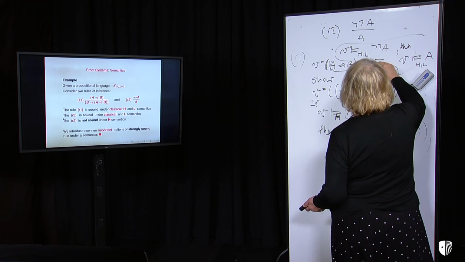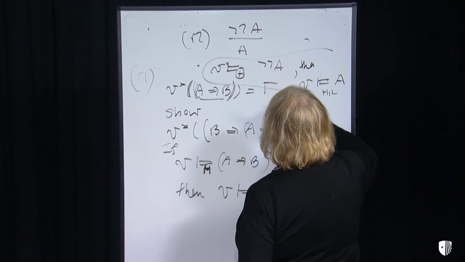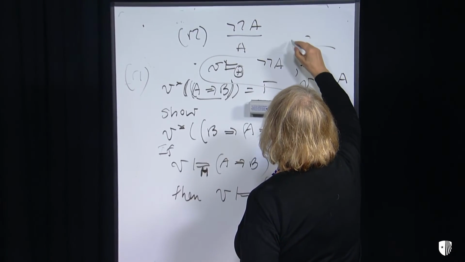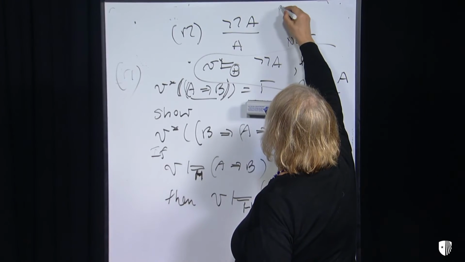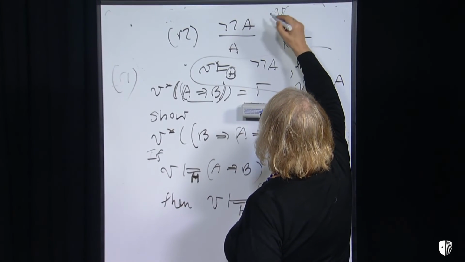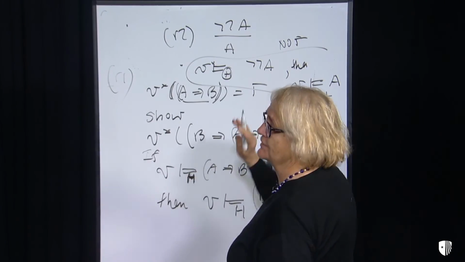You see, under the H semantics, this is not true. And again, why? Because you take a V, let's say V. This is not true for HA semantics.